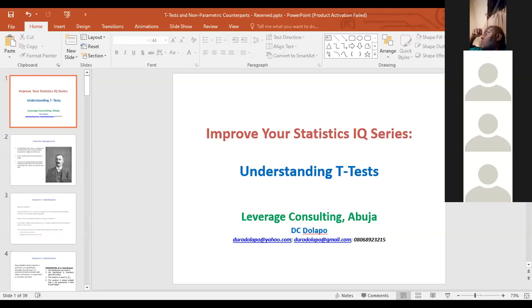Comparing with this one, I'm not talking of parametric and non-parametric now. I'm talking of the training on this one. We dwelt on chi-square, and this one we dwelt on t-test. Which one is easier to conceptualize?